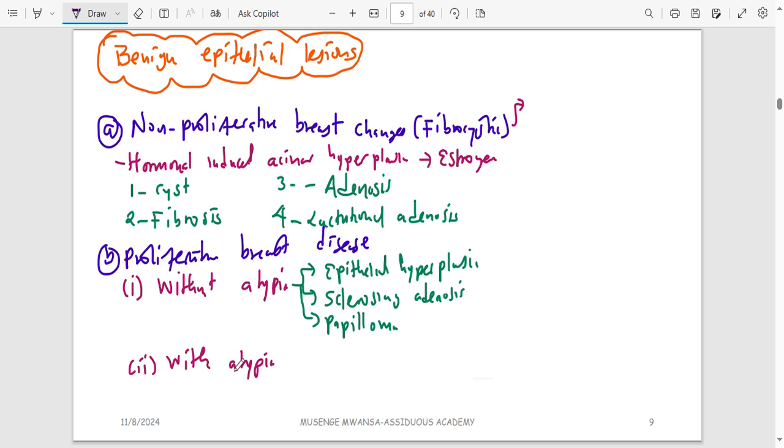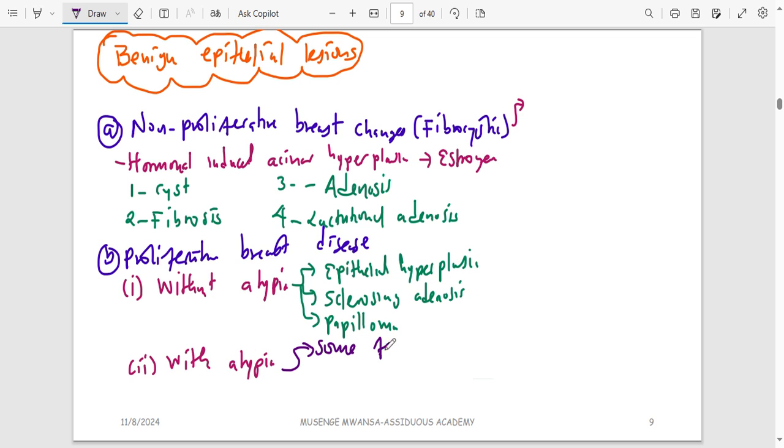And then the proliferative breast disease with atypia now has some, not all, take note, histological features that are diagnostic of carcinoma. That's why we're saying with atypia.